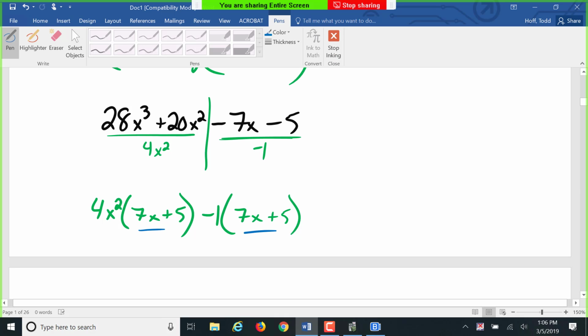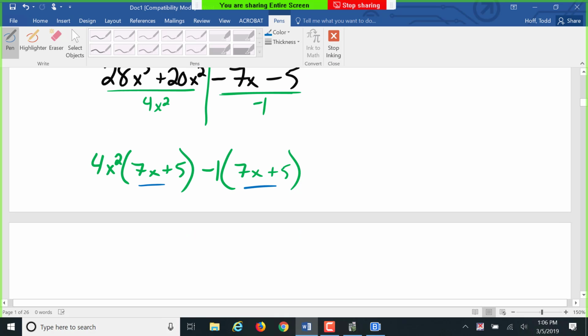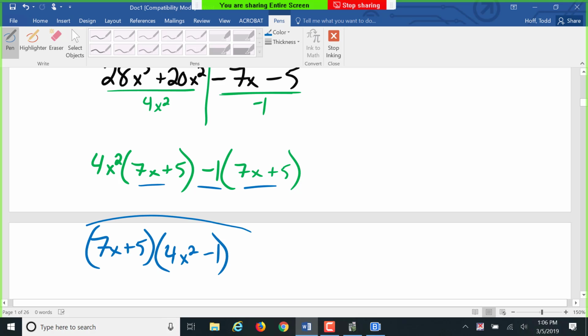So now I do have that same amount left over inside the parentheses. I will now factor that out. So 7x plus 5, and of course, 4x squared minus 1.